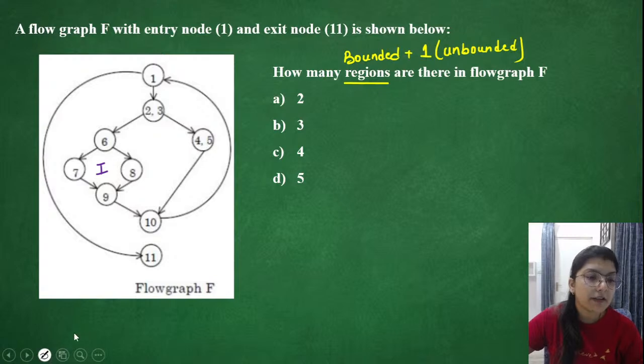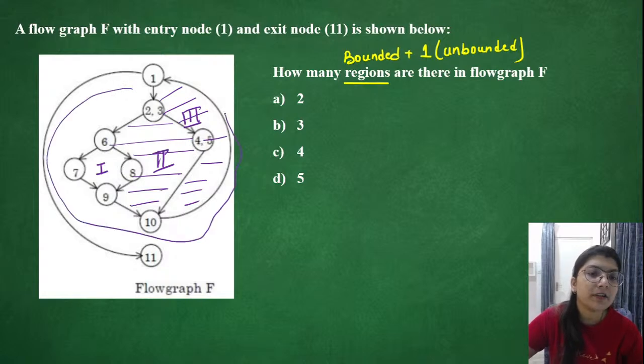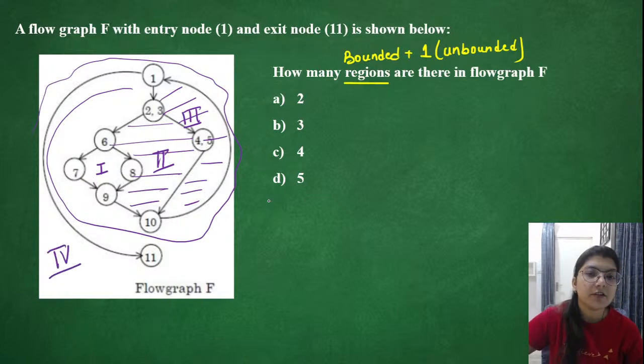Now we have how many regions? This is the first region. Then if you see this one, again a closed one, this is the second region. Then this one, again a closed boundary, is your third one. And then the outer one is the open region, so this is your fourth region. So 4 regions are there in total.